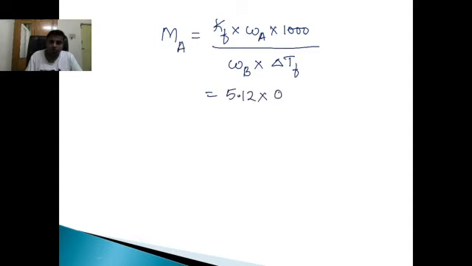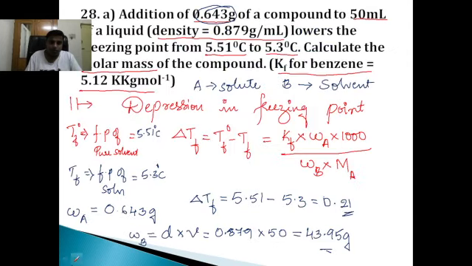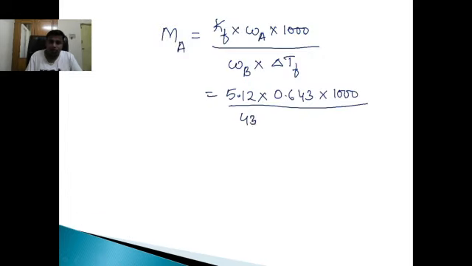WA is 0.643 into 1000. WB we got 43.95, and delta TF we got as 0.21. So just simple calculations.